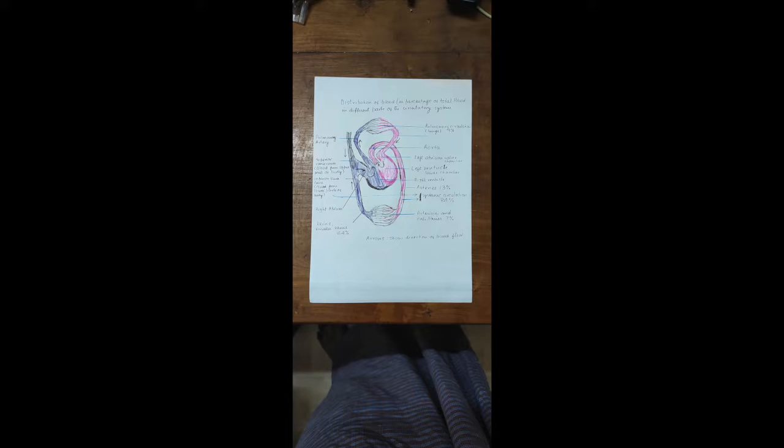Note that only 7% of the total blood is in arterioles and capillaries, where the most important function of the circulation occurs, that is, diffusion of substances back and forth between the blood and tissues.